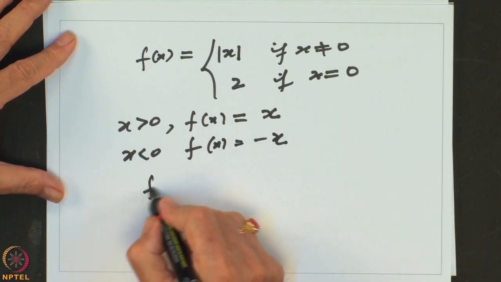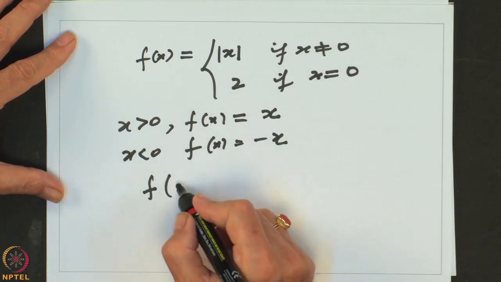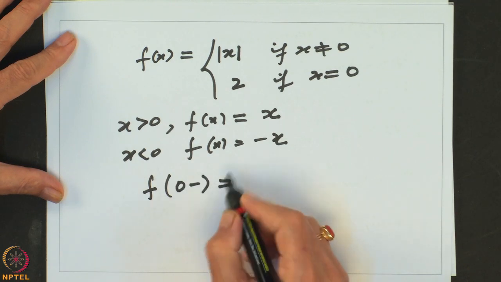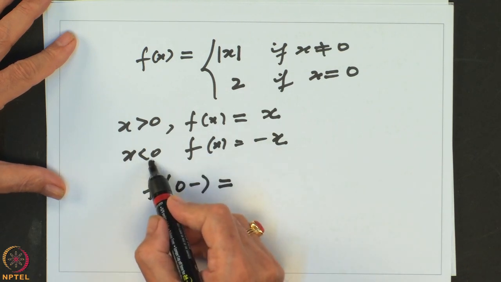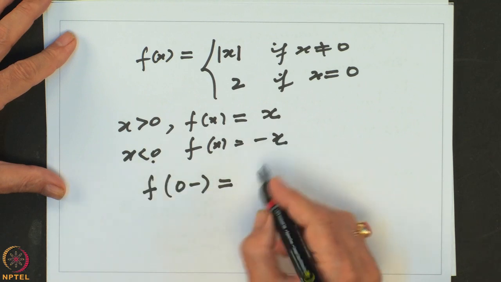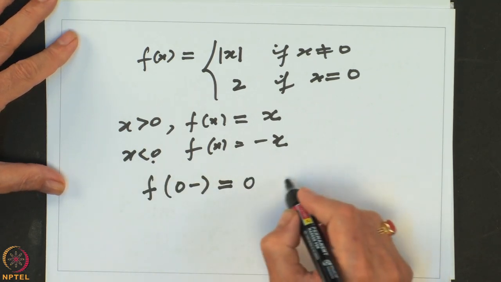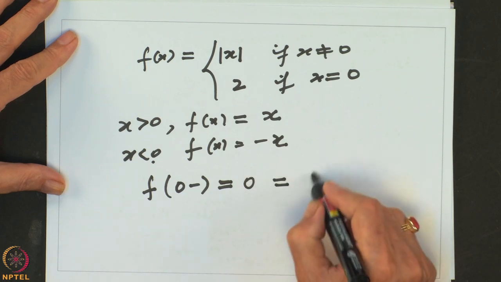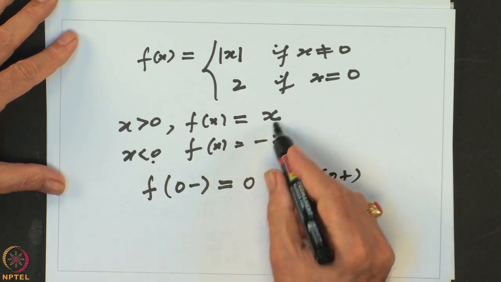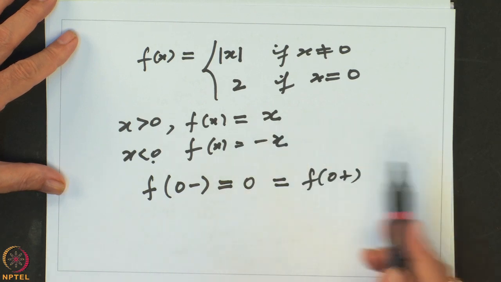So, what is the left limit at 0? When we approach the point 0 from the left, that will be equal to 0, right, and that is also equal to f of 0 plus. Whether you approach from the left or right, the value will be 0.